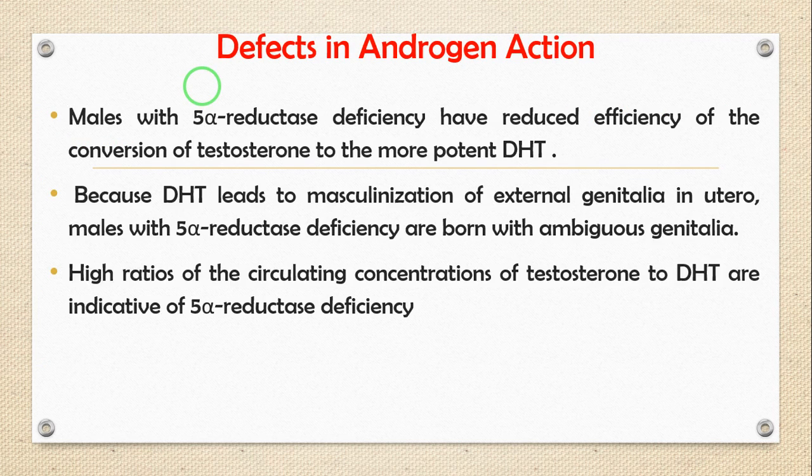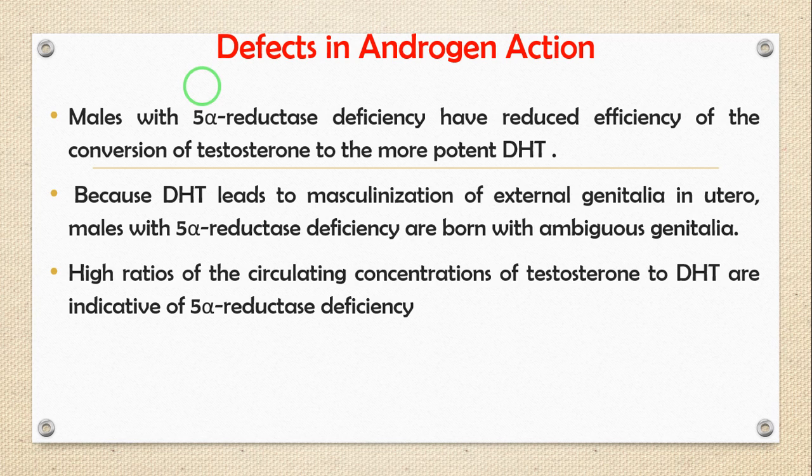We said previously that the testosterone can be converted to two important compounds, either to dihydrotestosterone by the enzyme 5-alpha reductase, and we said that the dihydrotestosterone is very important, or the testosterone can be converted to the estrogens by the aromatase.